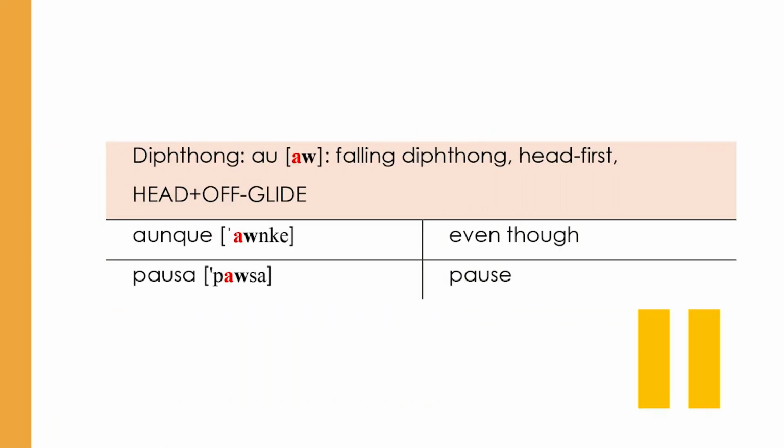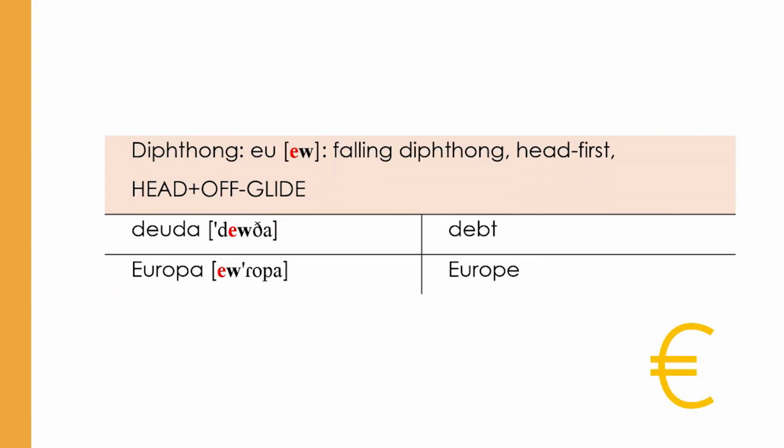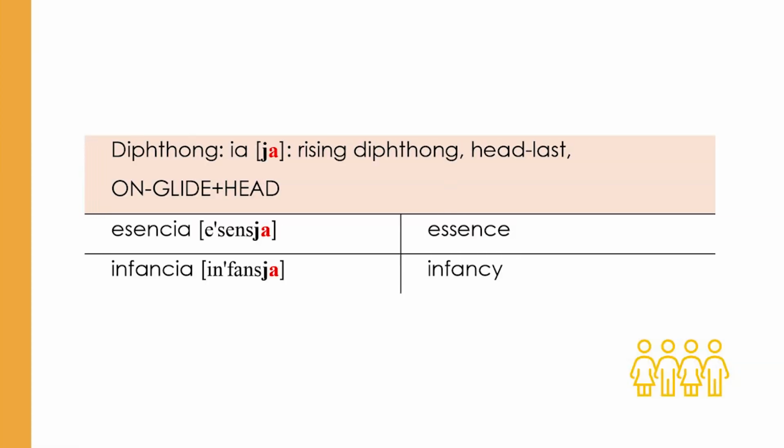Falling diphthong, head first, off glide: "au", "aunque, pausa". If you're not sure if it's rising or falling, look, there's a glide, so it's an off glide, therefore it's head first, therefore falling. "Europa, deuda."